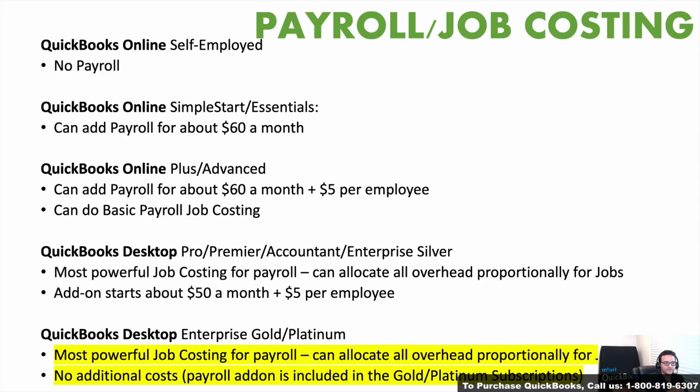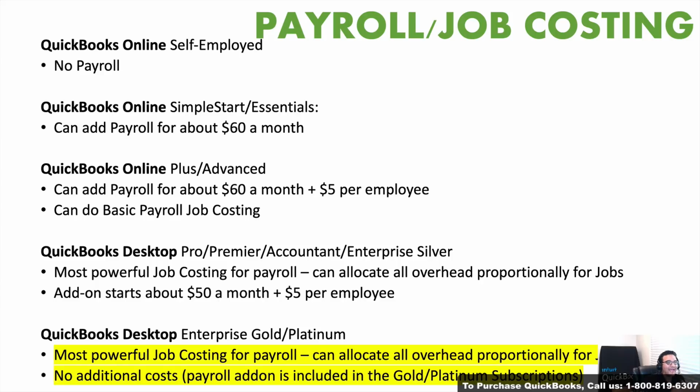Now, QuickBooks Online Self-Employed doesn't have access to payroll. QuickBooks Online Simple Start and Essentials allow you to add payroll for about $60 a month. QuickBooks Online Plus and Advanced is the same cost, but it allows you to do some basic payroll job costing.